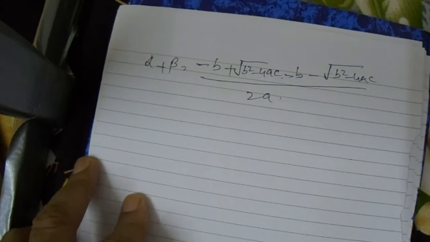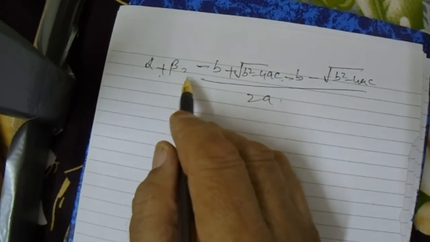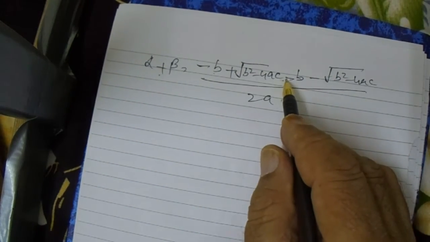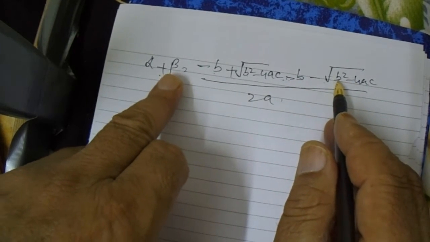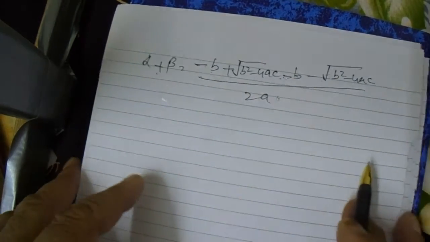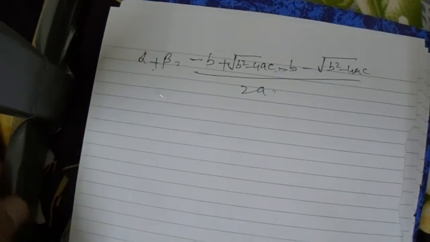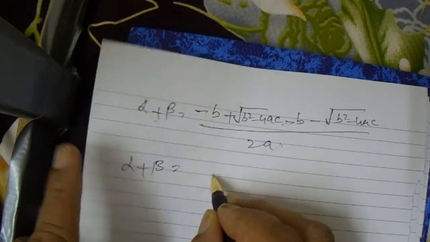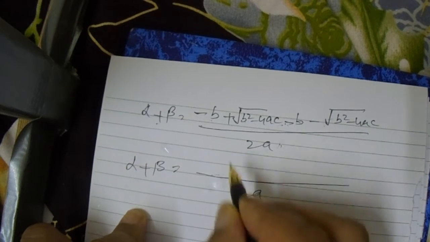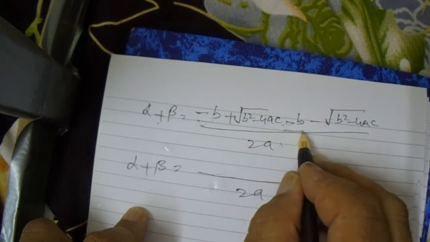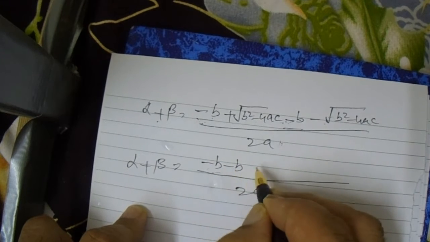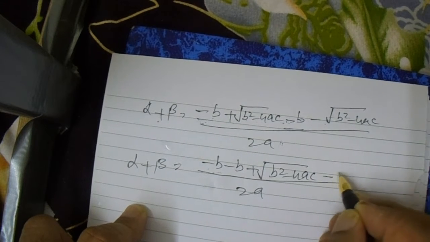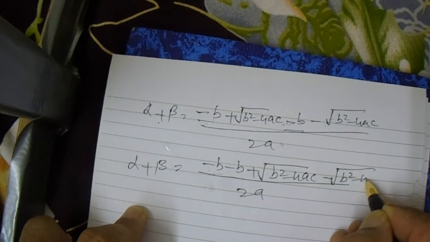Now again, alpha plus beta is equal to minus b plus under root b square minus 4ac, this is alpha, and minus b minus this, it is beta, in the denominator 2a. Now we take the pairs: minus b and minus b, plus under root b square minus 4ac and minus under root b square minus 4ac.